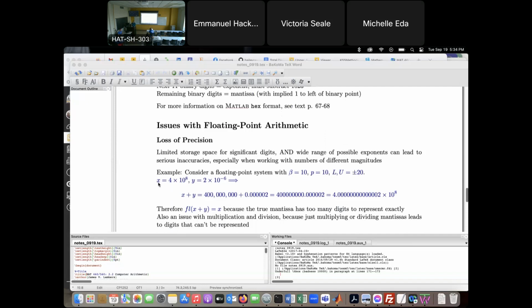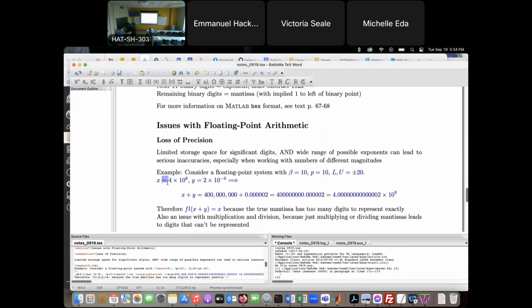So here are two numbers, x and y, that can be represented using a floating point system. 4 times 10 to the 8th for x. That's well within the range of allowed exponents. And then y is 2 times 10 to the minus 6.